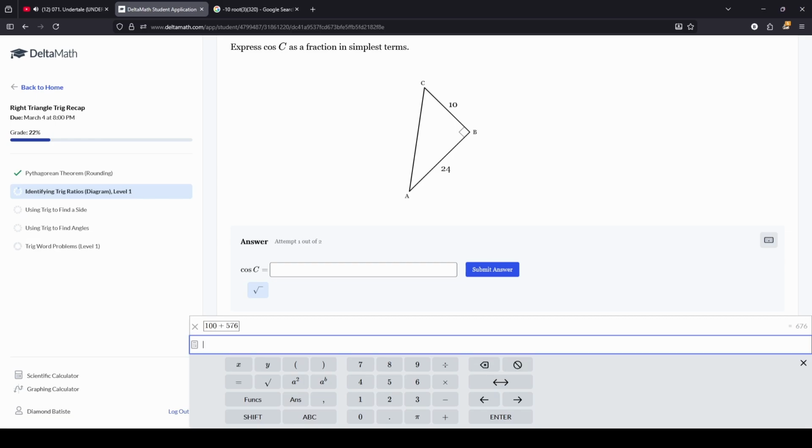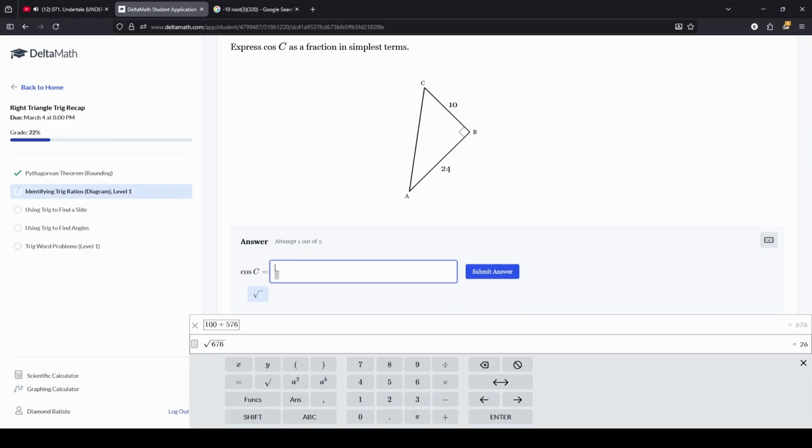Alright, and then we have the logarithm, 676, 26. And then for this, it's cosine, so the S goes at the bottom. So 26 at the bottom, 24 at top.